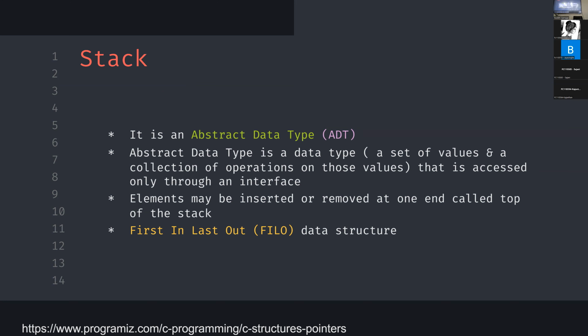It is mentioned that it's an abstract data type. So what is this abstract data type? When it comes to a variable, you can store integers, floats, decimals.